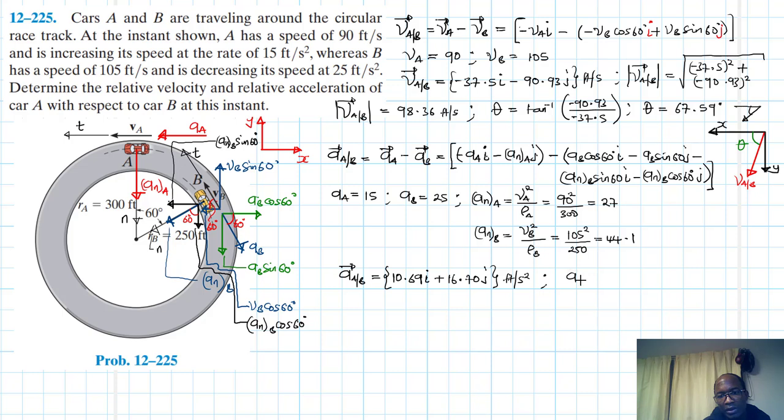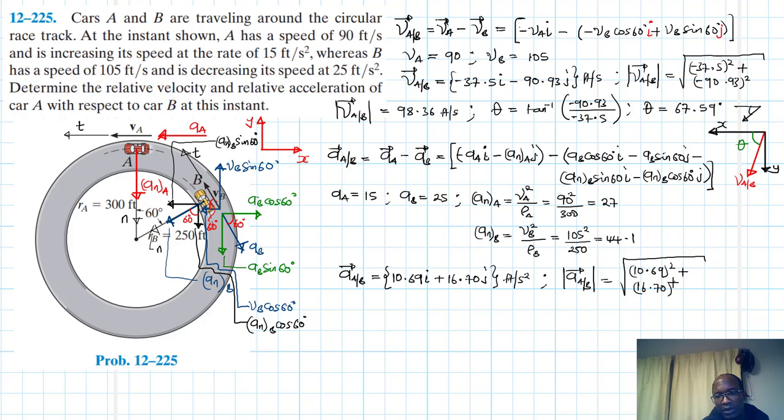Let's find the magnitude of A with respect to B using Pythagoras theorem.